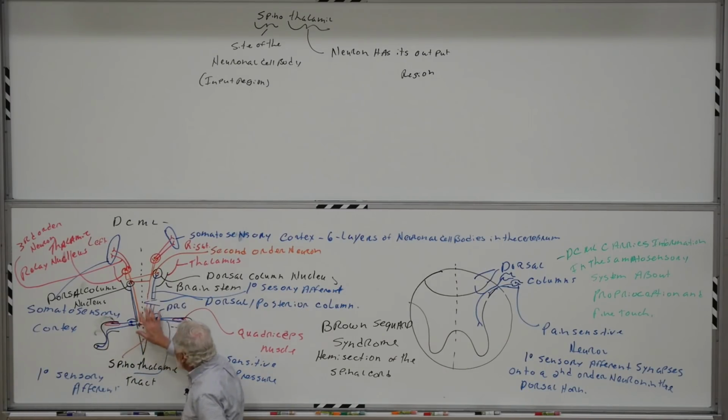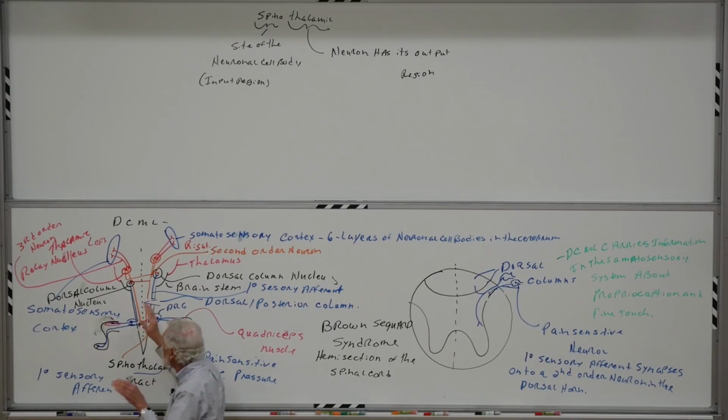All right, so the symmetry I think that you're referring to is the fact that all of these pathways are symmetrical right-left. But what's different is that the information about proprioception and fine touch goes up the cord on the same side and doesn't cross over until the brainstem. And that's true both right and left.